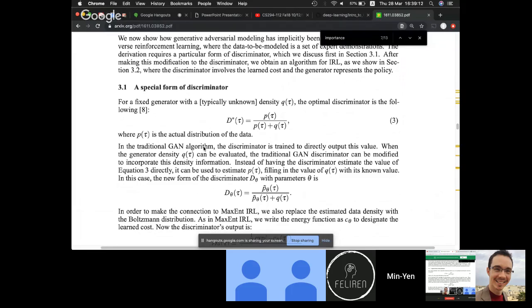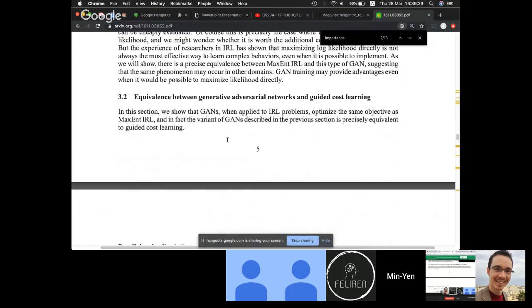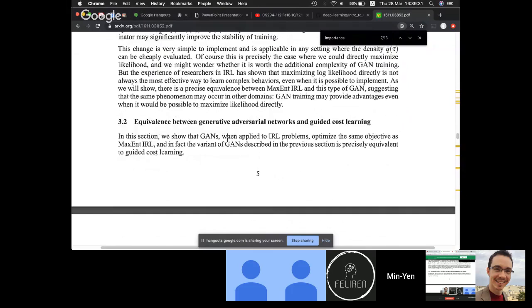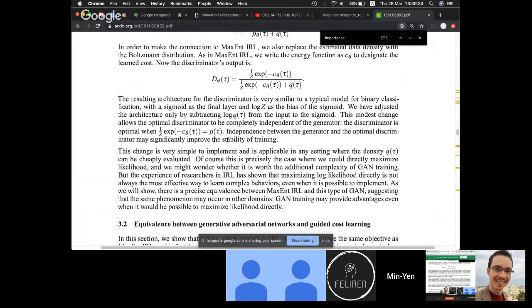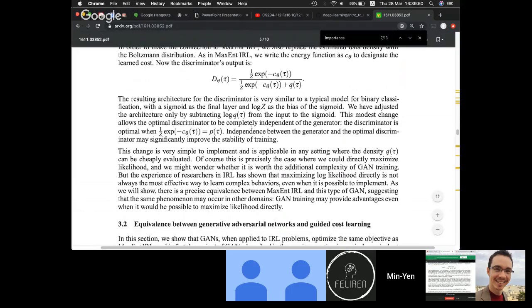You need the partition function because you need to normalize over all the possible trajectories or policies that can be generated. So what he wants to do is show that we can make this connection and fold the problem of computing the partition function into the GAN training procedure, right?